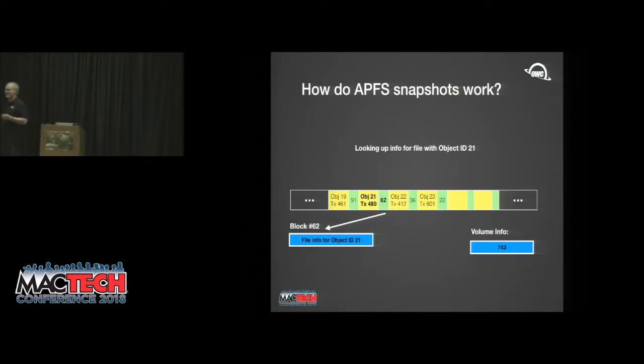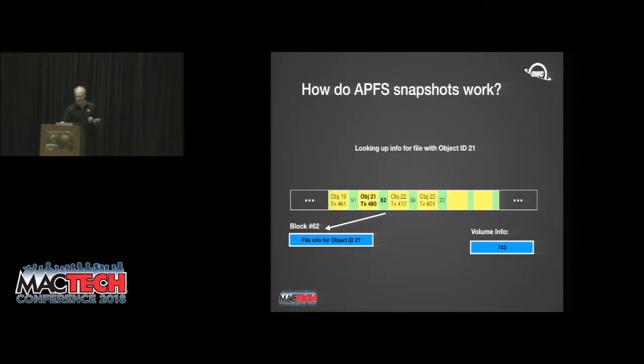The transaction ID is just a 64-bit number that keeps growing every time the file system does an operation. In Apple's documentation, they said if you do 5,000 writes per second to a volume, it takes like 150 years before that number rolls over. So they're pretty confident that it's not going to get corrupted because the transaction ID is going to roll over.